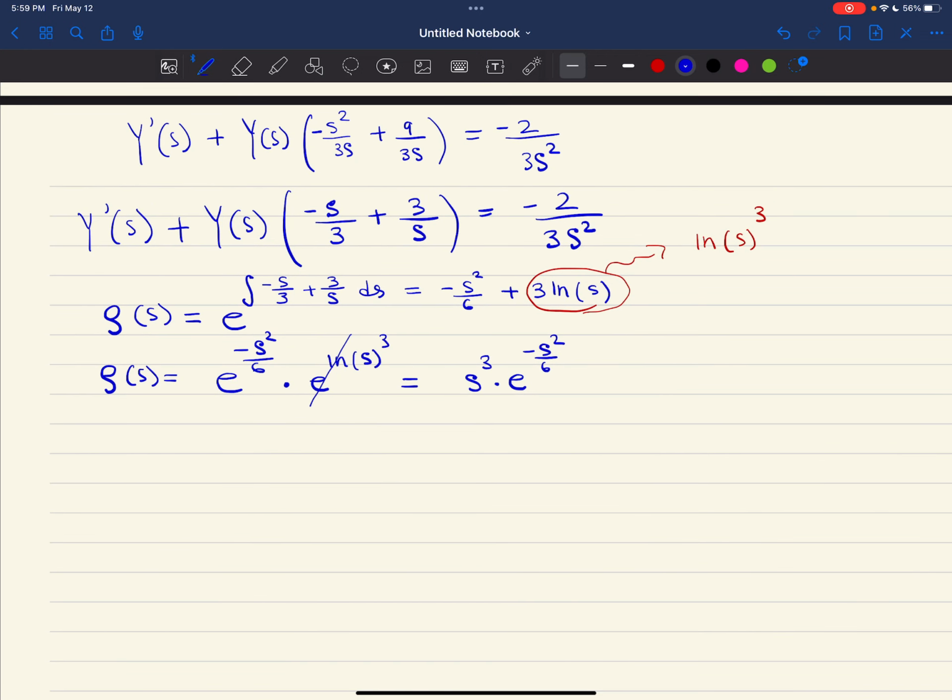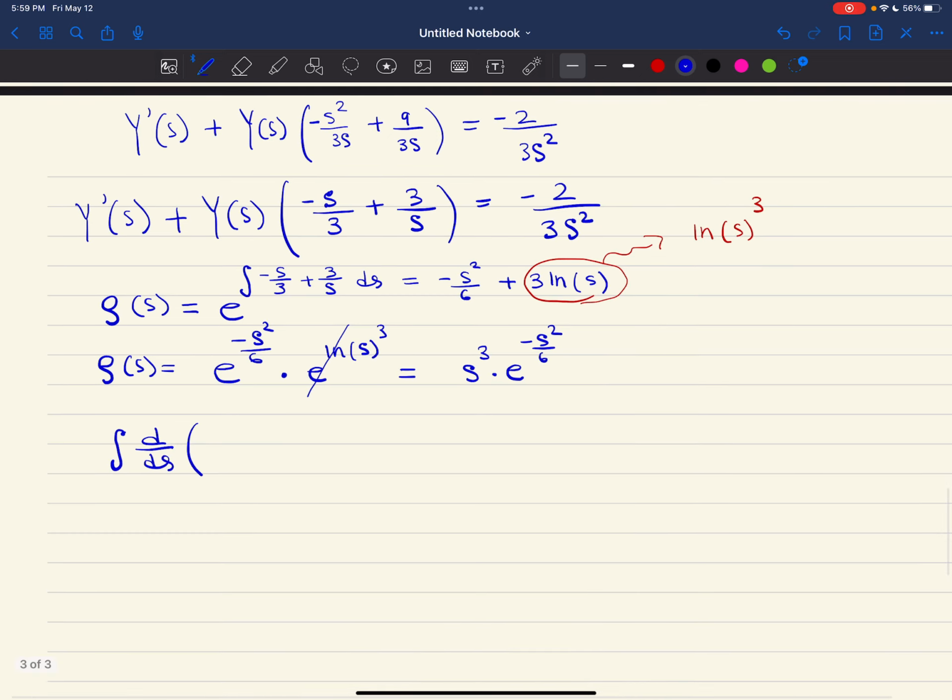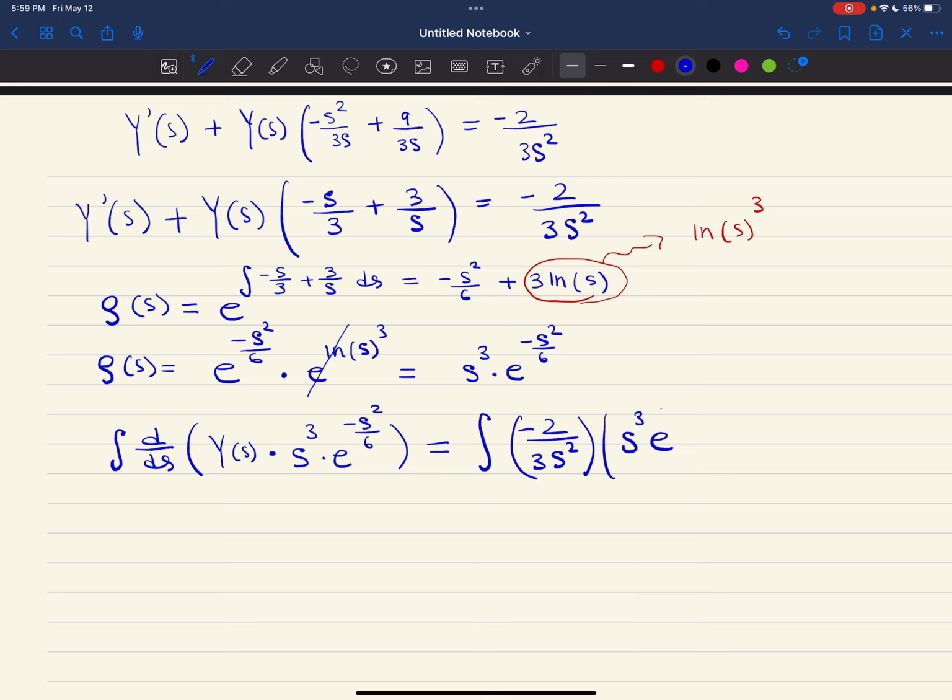But what you have to recall is that it's going to be like this: integral of d/ds, and then you would put your integrating factor, or you could put your big Y of s, that's fine, times your integrating factor, which will be s to the power of 3 times e to the power of negative s squared over 6, is equal to the integral of negative 2 over 3s squared times s cubed e to the power of negative s squared divided by 6.